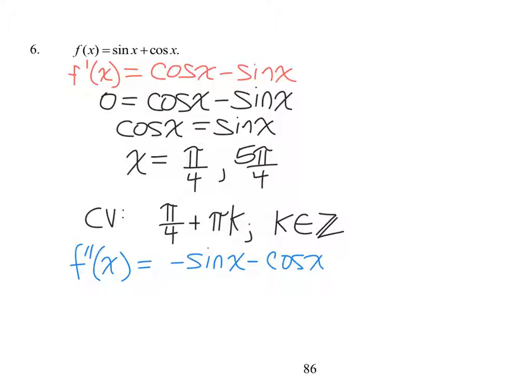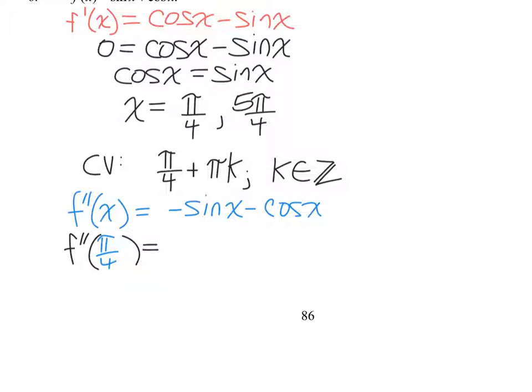All right, so I want to evaluate this at my critical values. So we'll start with pi over 4. So we would figure out the second derivative at pi over 4, and also maybe something in either direction.